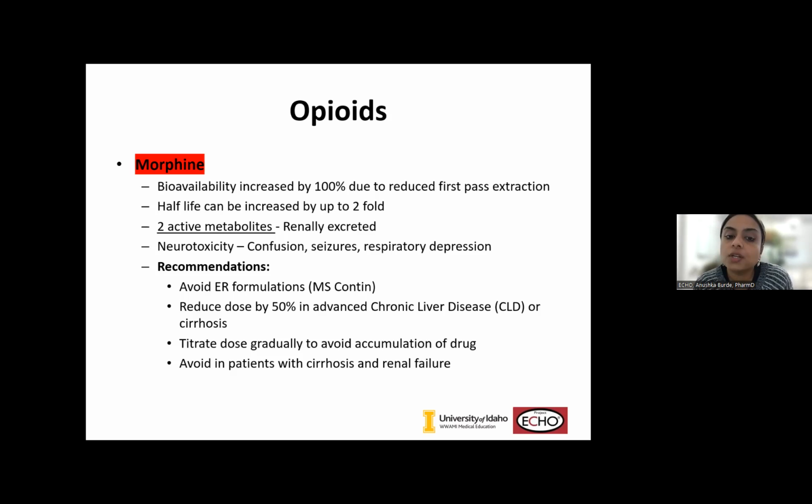So the recommendation is, again, avoid extended release formulations of morphine, reduce the dose by about 50% in somebody who has advanced chronic liver disease or cirrhosis, and titrate the dose gradually to avoid accumulation of the drug. And avoid it especially in patients with cirrhosis and renal failure, because of those 2 active metabolites which are renally excreted.